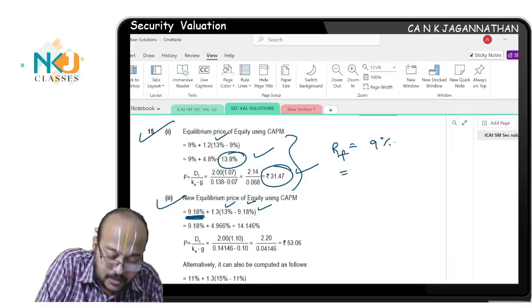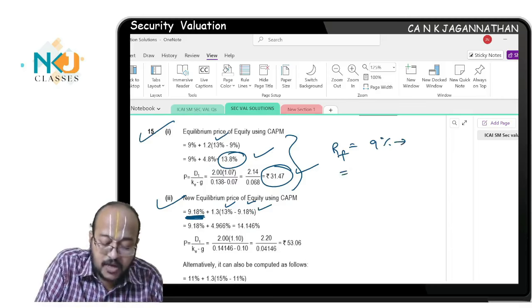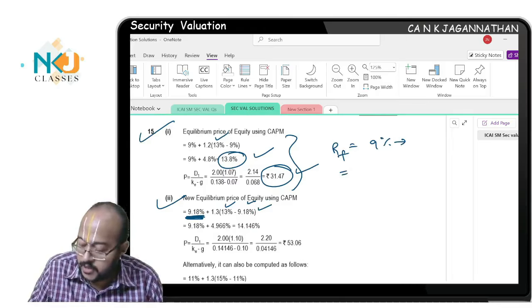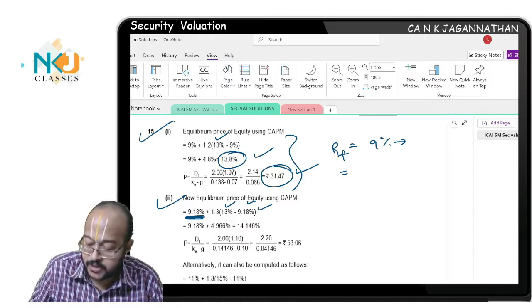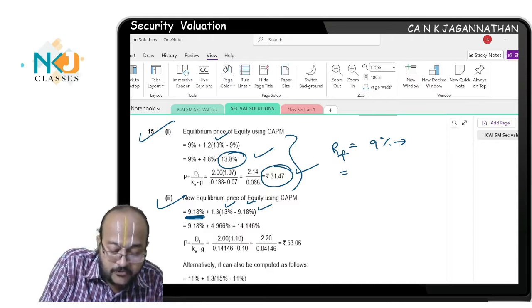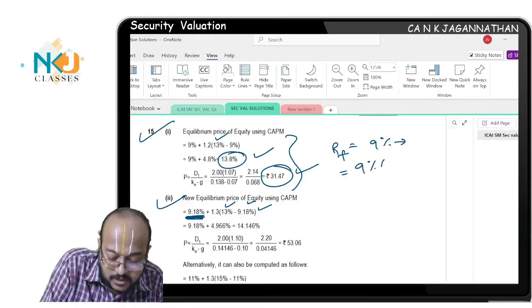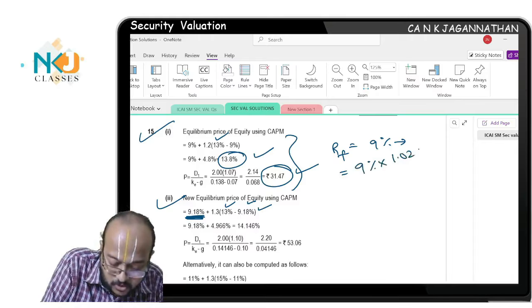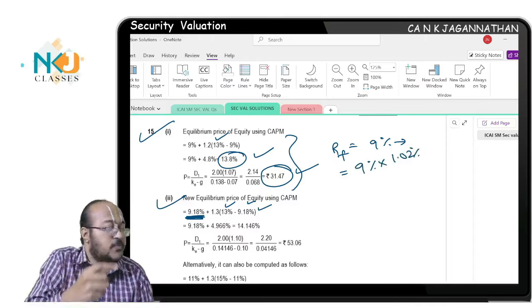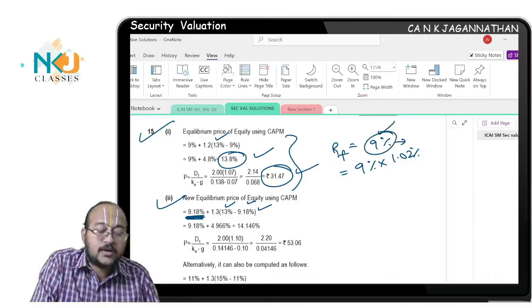Upon this 9% RF, if inflation increases by 2%, there is a corresponding increase in the RF. What they have done, 9% into 1.02: the 2% rise in inflation gives a corresponding rise of 2% in the risk-free rate.